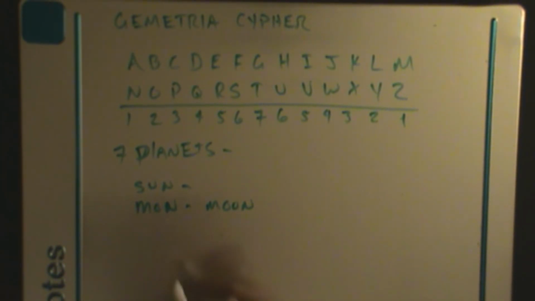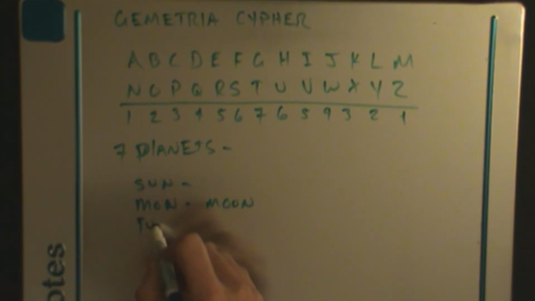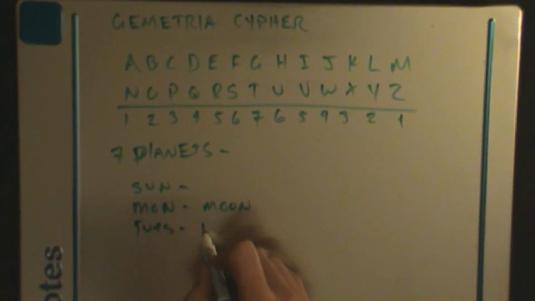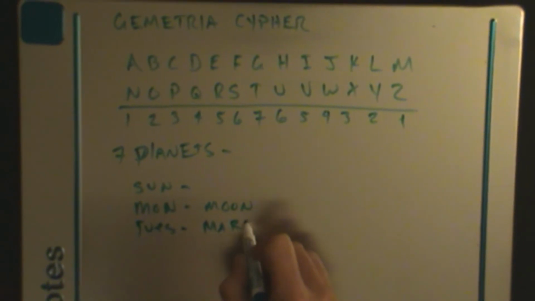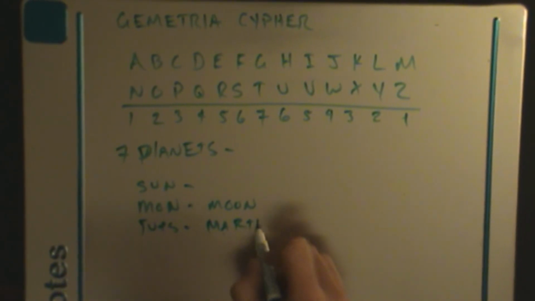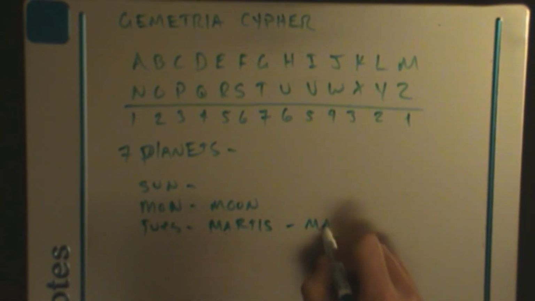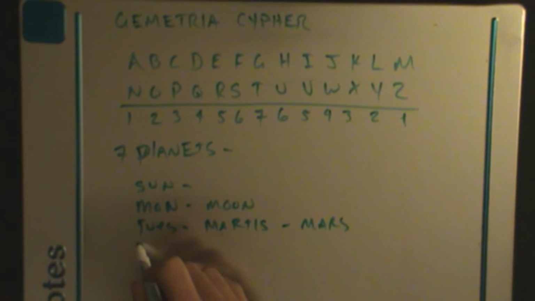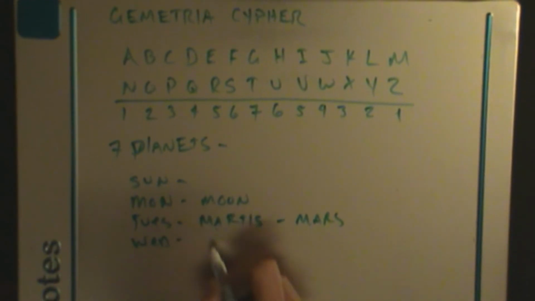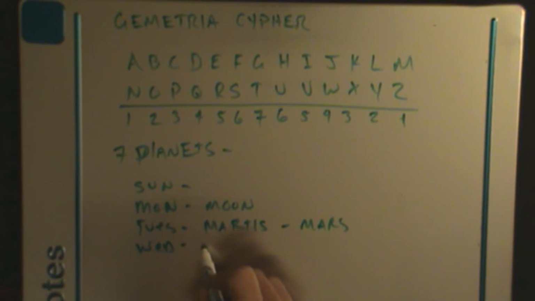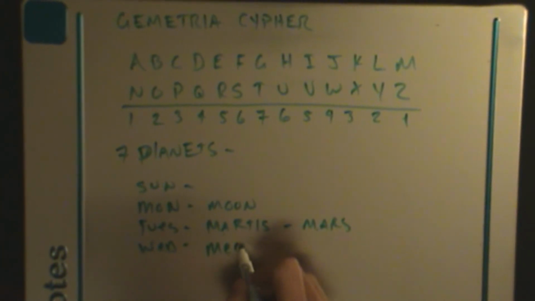And then Tuesday, in Latin, is called Martis, which is obvious that that's Mars. Wednesday is Mercolis in Spanish, but in Latin it's spelled, how's it spelled here?